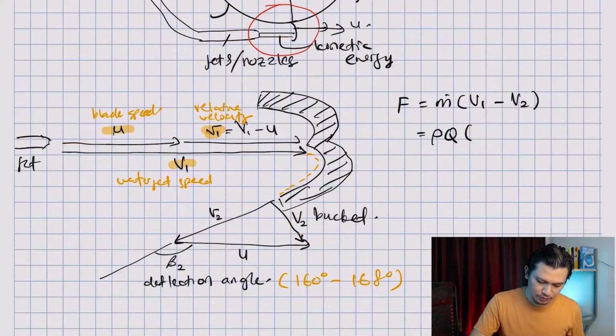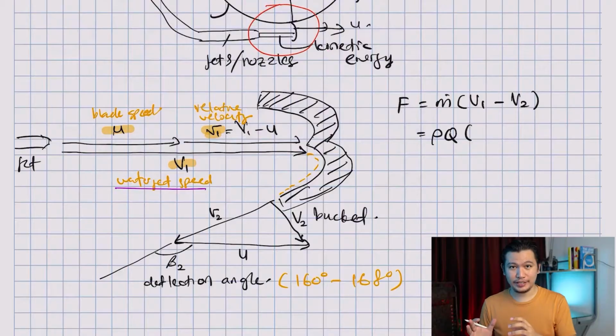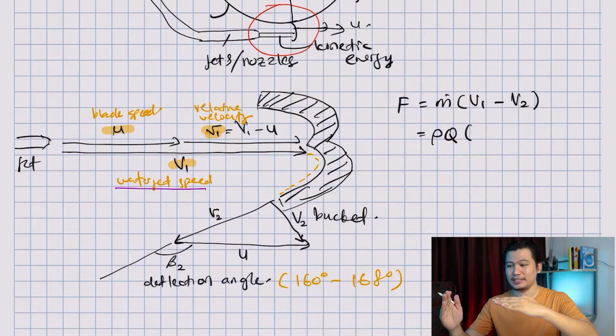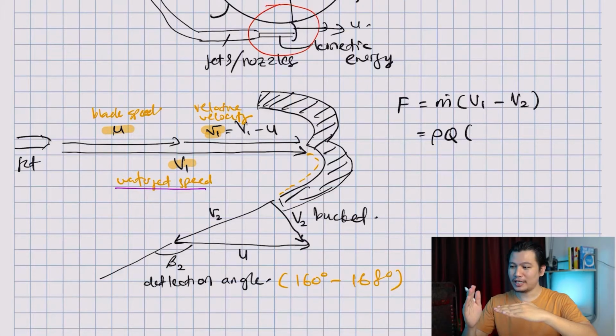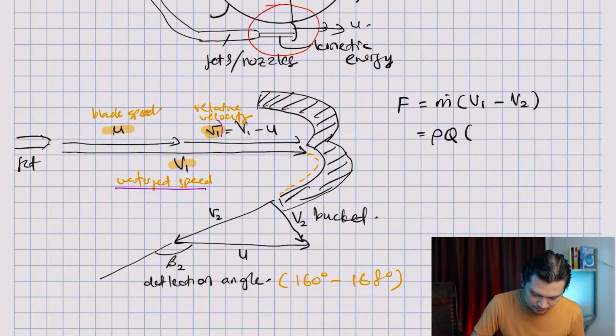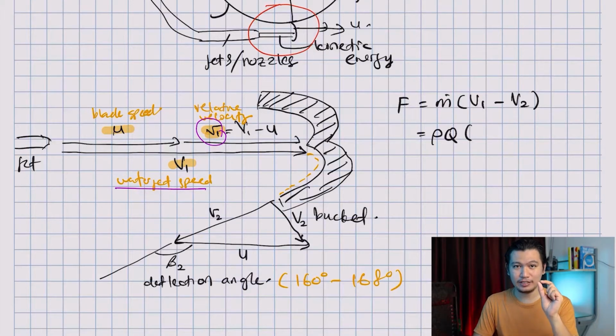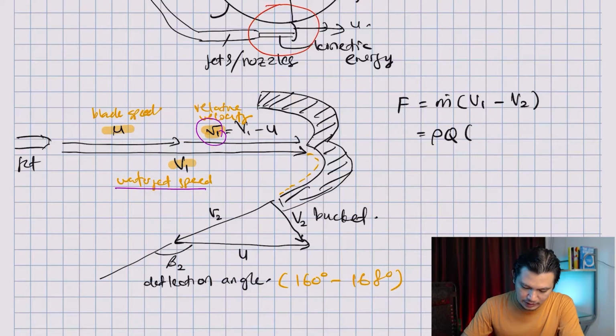Even though our jet velocity is capital V1, the bucket is moving away from the jet, so the bucket will not feel this velocity, but this velocity minus the velocity at which the bucket is moving. The velocity that the bucket feels is actually the relative velocity, and that is very important. So I'm going to replace this with small v1 minus small v2.